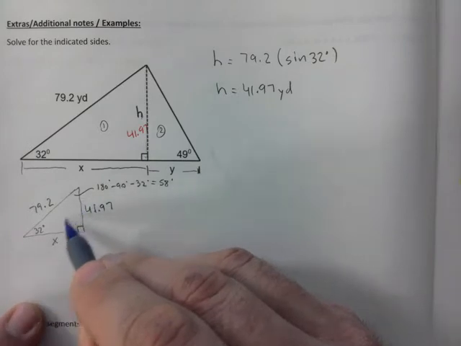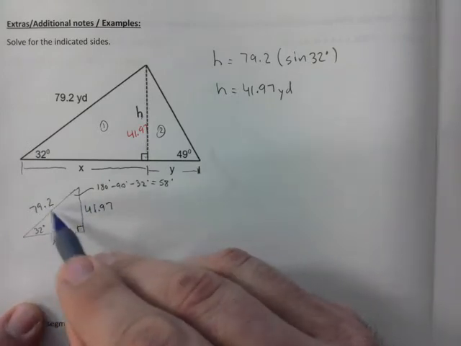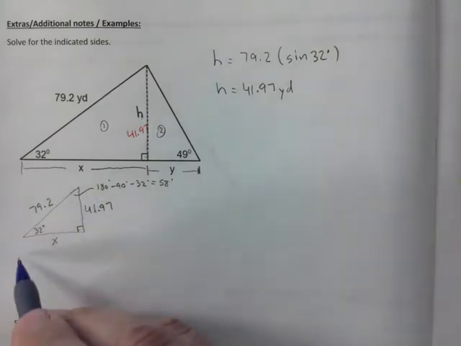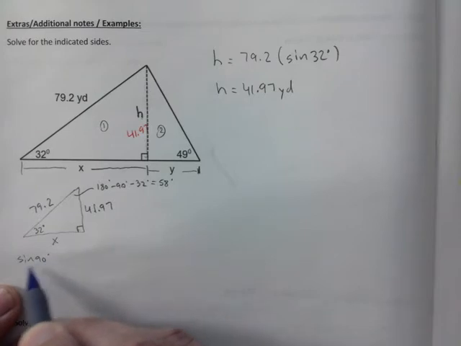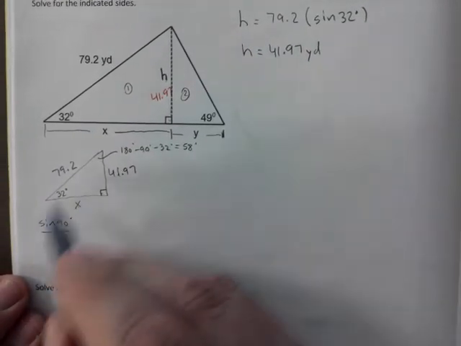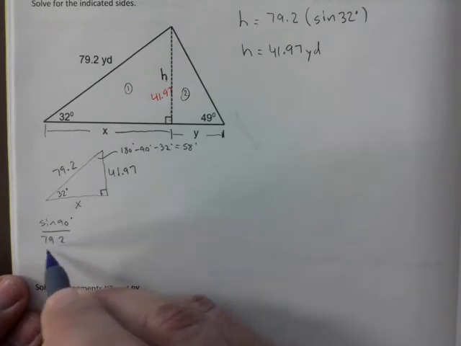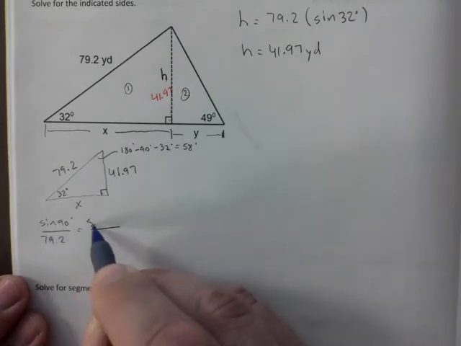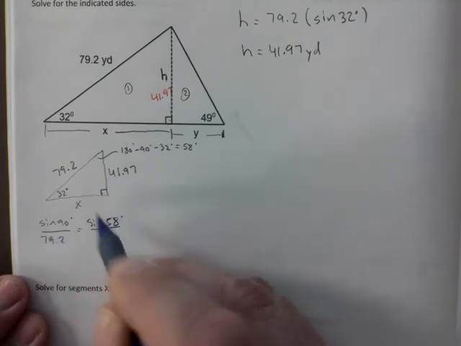So you've got your pair. You didn't even need to find the height there unless you wanted to use Pythagorean theorem. So sine of 90 over 79.2 is equal to sine of 58 over x.